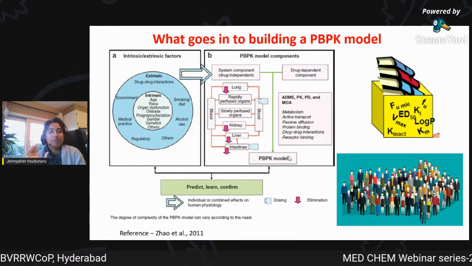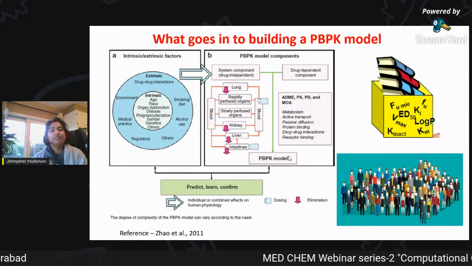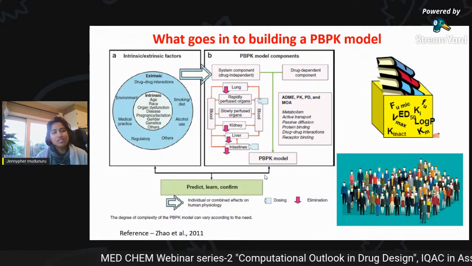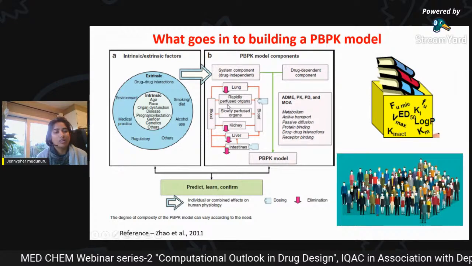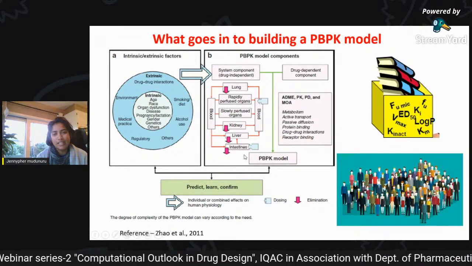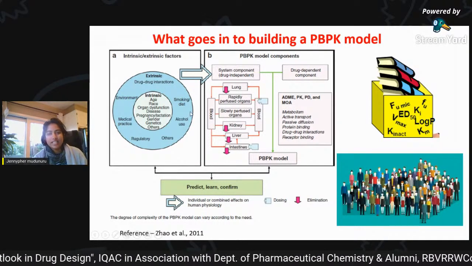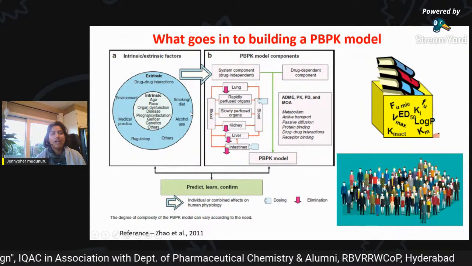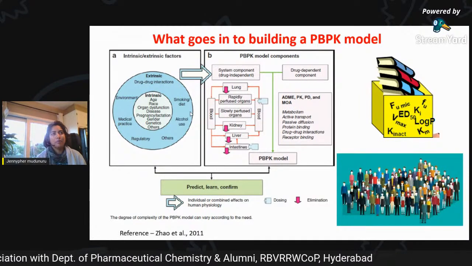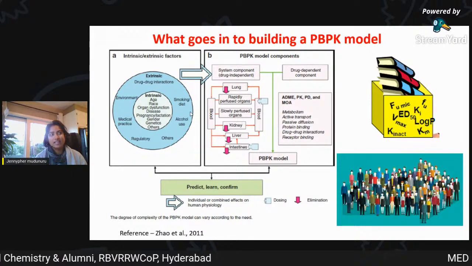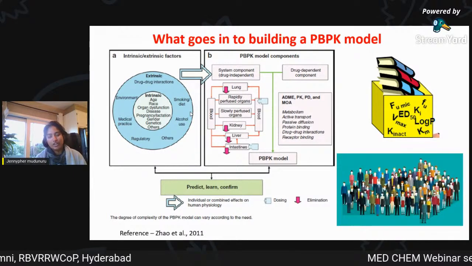And then in PBPK modeling, you also have the physiology part, which has to do with the individual and not the drug. So your various organs, kidney, liver, how big they are, how your blood flow is, and all of that. The intrinsic and extrinsic factors are more outside. So if I'm a person taking the drug, there are other factors that determine how the PK of the drug will be.